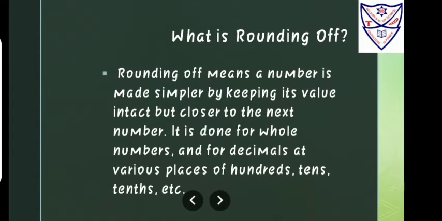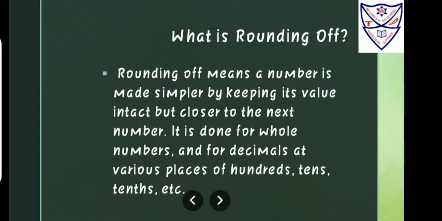What is rounding off? Rounding off means a number is made simpler by keeping its value intact but closer to the next number. Whenever a number is given to you, you need to see whether that number is near to the before number or the after number. Suppose you are going in an auto, and the auto fare is 49 rupees.